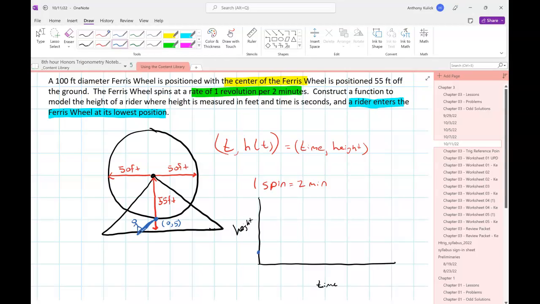We'd have like here. And then this point, we'll just call that, say, T1. What's the height at that point? Not 50, 55, right? Everybody agree from the picture? And then let's say here we'll call this T2. What's the height at that spot?